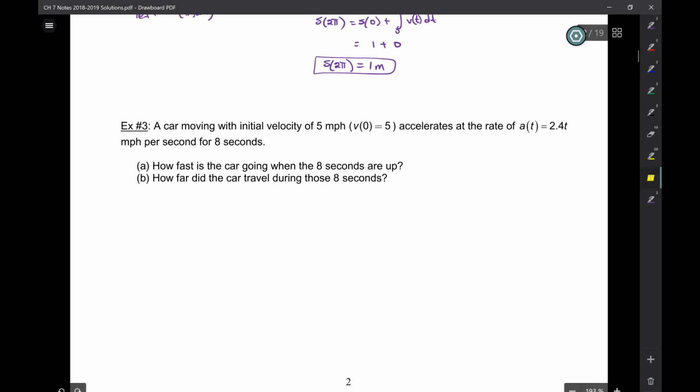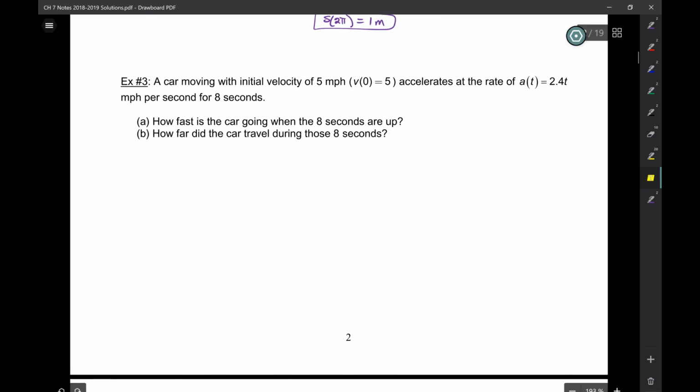Here we go. Example 3. A car moving with initial velocity of 5 miles per hour accelerates at a rate of 2.4 t for 8 seconds. How fast is the car going? So you need to find velocity.